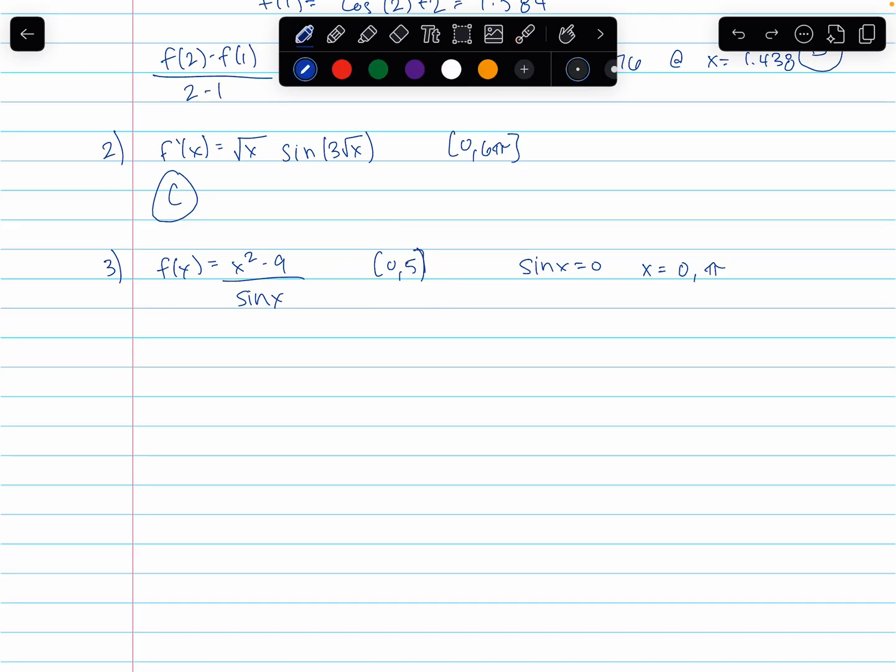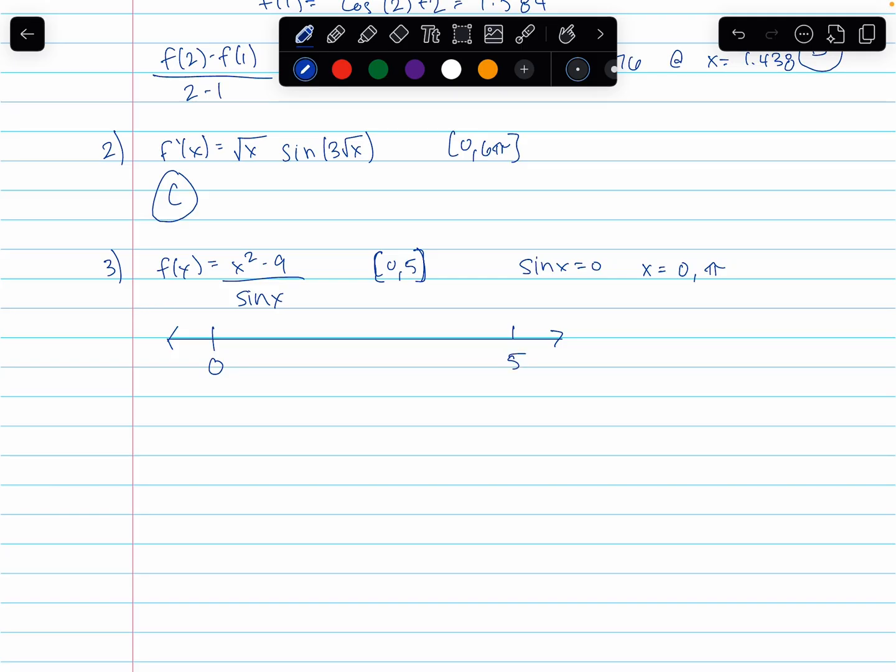I guess I should make that look more like brackets. So when x is equal to 0 and when x is equal to pi. So we're talking about the interval from 0 to 5.